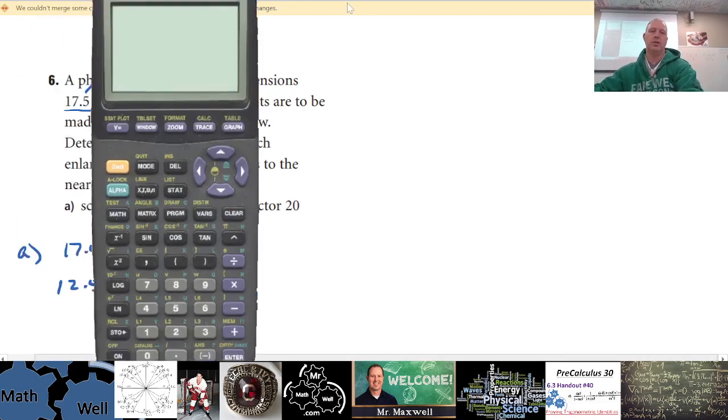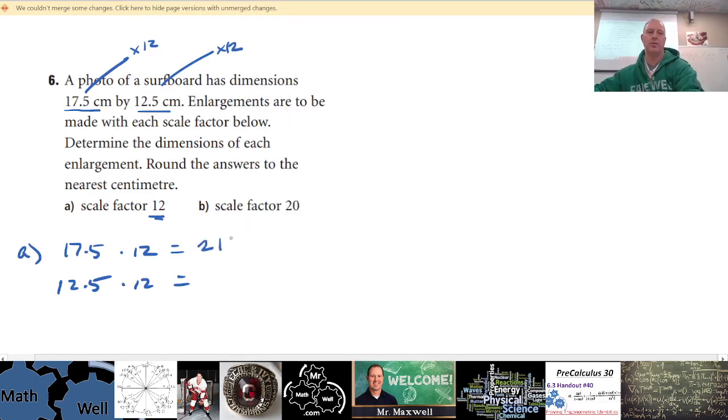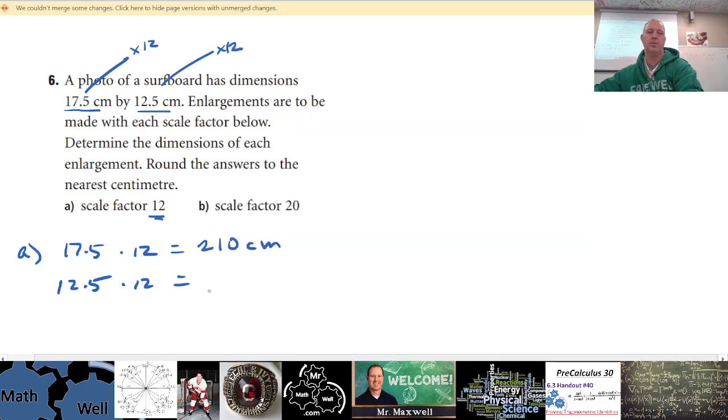You can get your calculator out and do that pretty easily. So 17.5 times 12 is 210, so 210 centimeters. And then 12.5 times 12 is 150. That make sense?